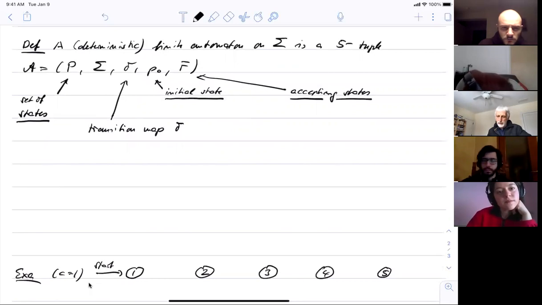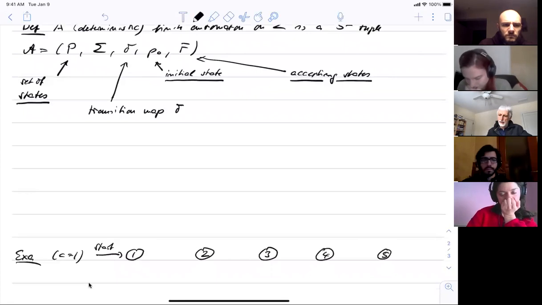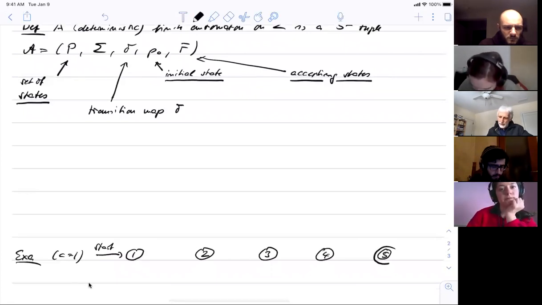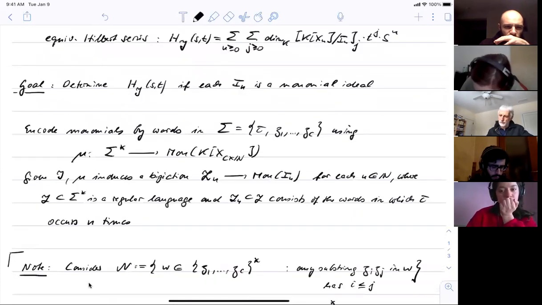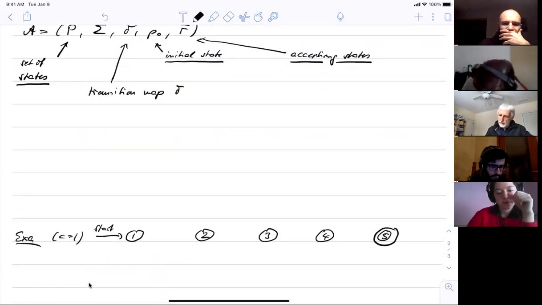We'll start here with state 1, which would be our initial state, P0. And then we have accepting states, which we encircle again. So this is an accepting state, the only accepting state.